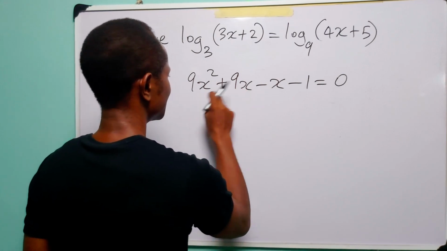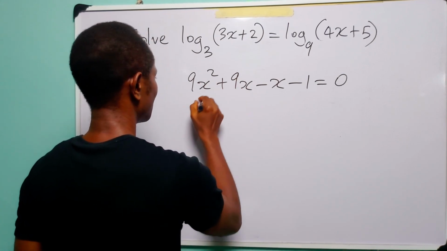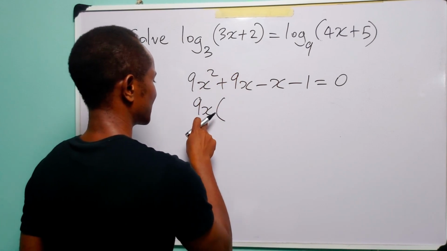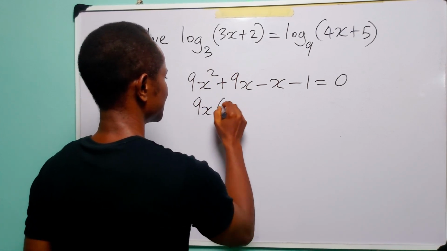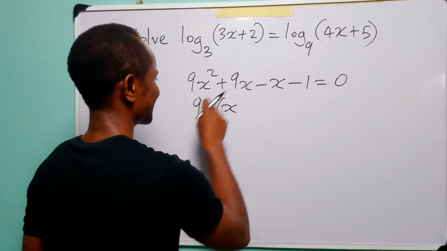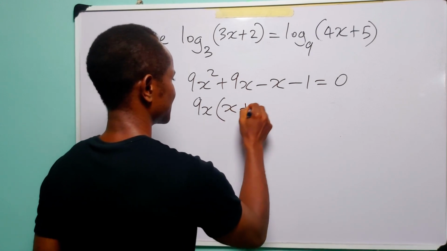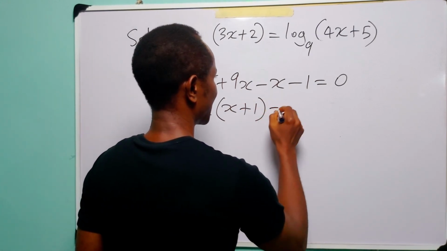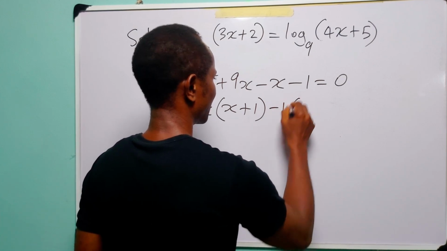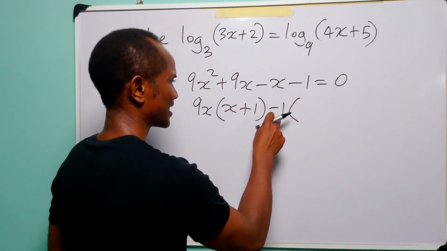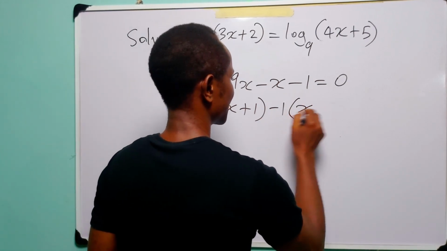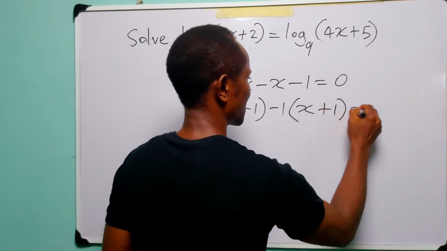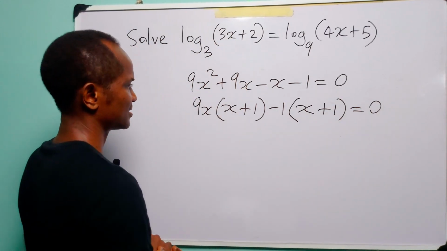Now, when you look at these two terms, they have a common factor, which is 9x. 9x squared divided by 9x is x, and 9x divided by 9x is 1. Here we have minus 1. Minus x divided by minus 1 is x, and minus 1 divided by minus 1 is plus 1, and this is still equal to 0.